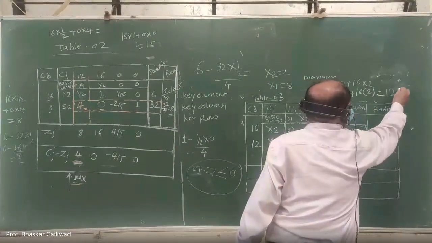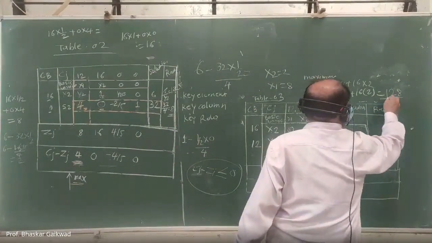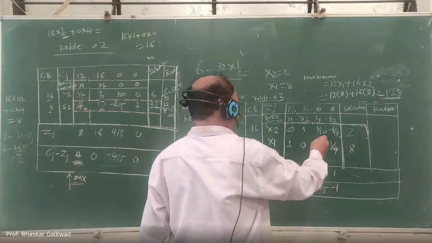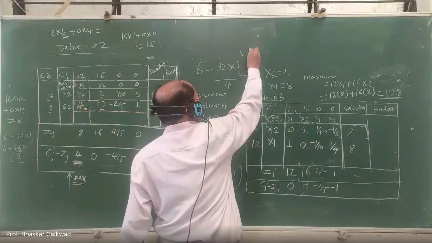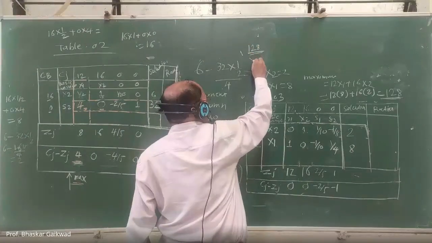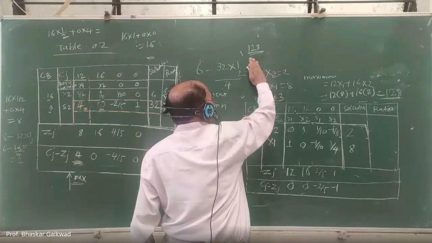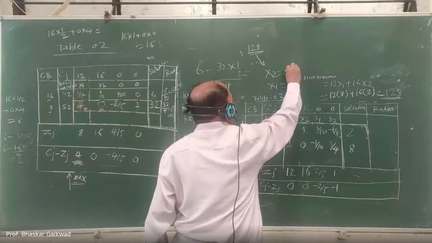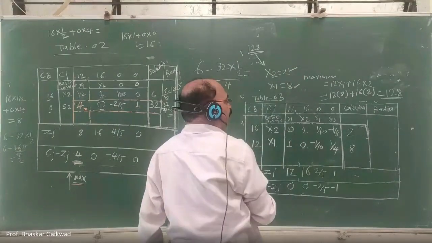So we get a maximum profit of 128, where x1 is 8 and x2 is 2.